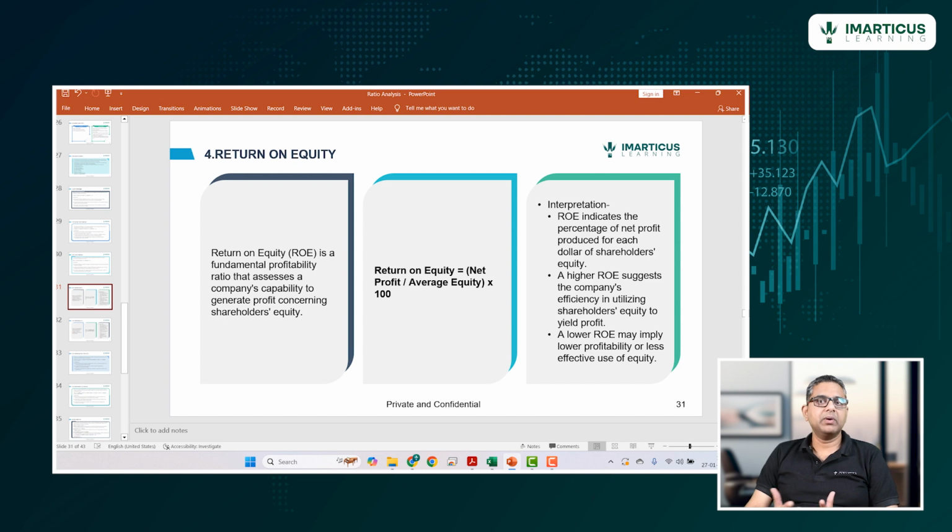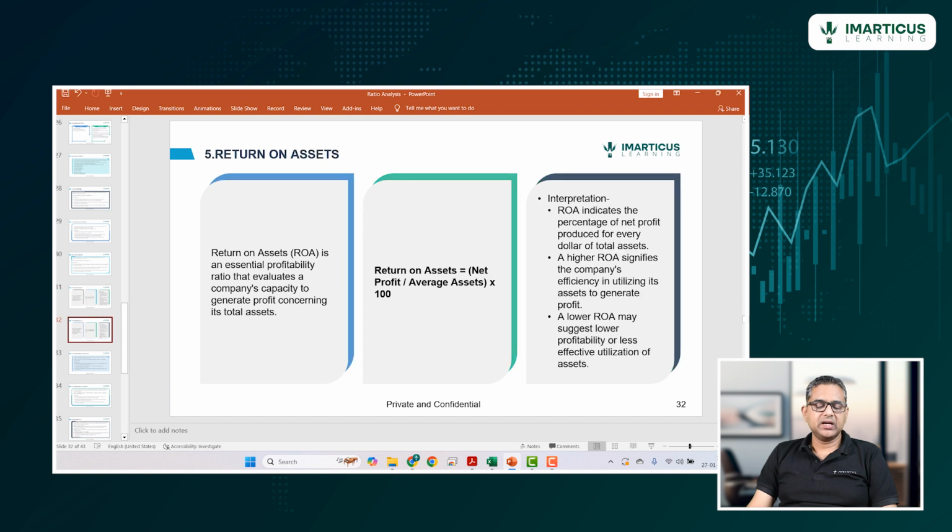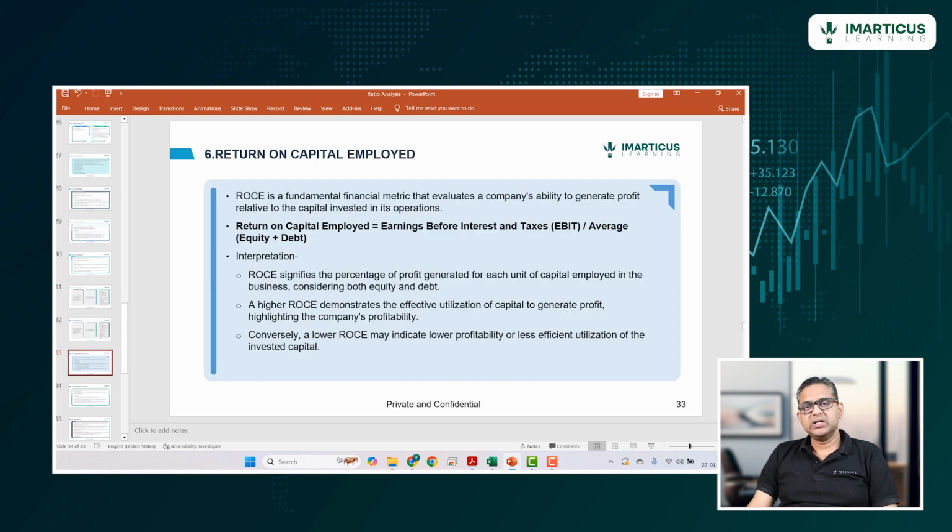For example, if we pick up the IT industry, we can compare these values for TCS versus Infosys versus HCL Tech versus Wipro, etc. So all the major players of IT we can take in the Indian industry, and then we can compare these ratios. We can compare ROE for different companies, we can compare ROA, ROCE, so it will make sense within the same industry.